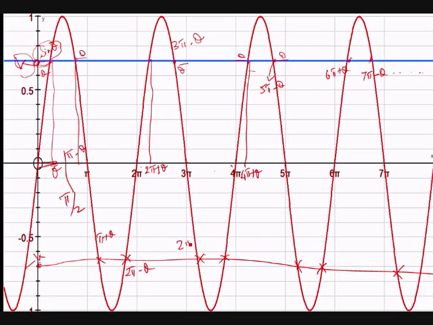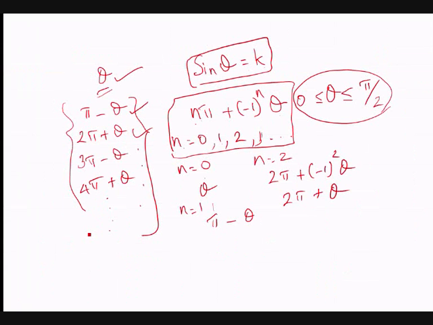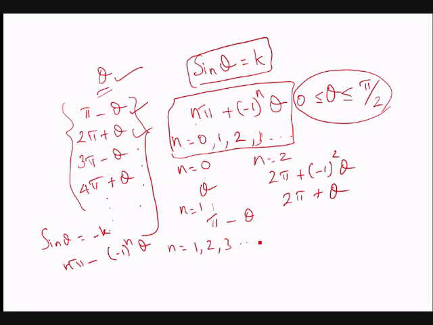And this will be 3 pi plus theta, and this will be 4 pi minus theta. As you can see that for the odd numbers of pi we have plus theta, and for even numbers we have minus theta. When sin theta equal to negative k, then the general solution should be n pi minus negative 1 power n theta, for values of n ranging from 1, 2, 3, etc.